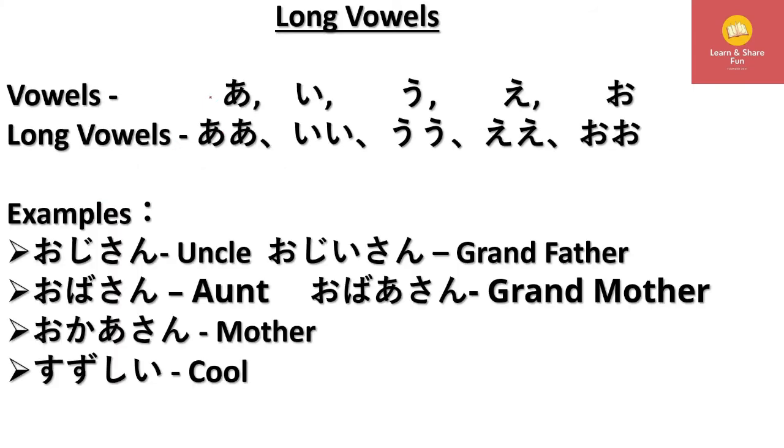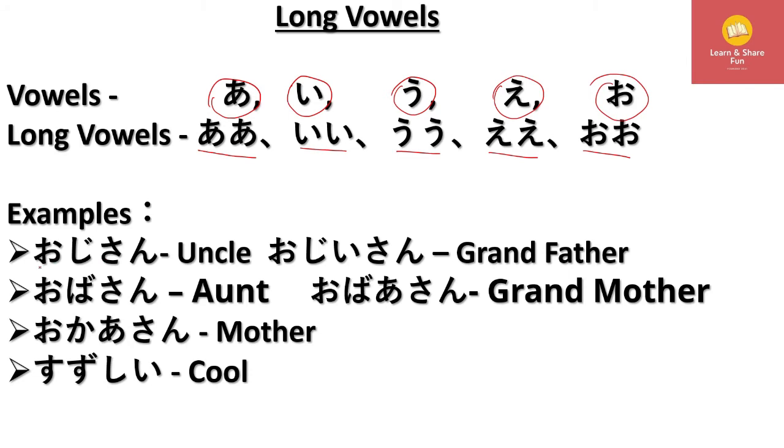Now let's start with long vowels. As you know, the vowels are A, I, U, E, O. And the long vowels are A, I, U, E and O. Now let us understand with some examples.